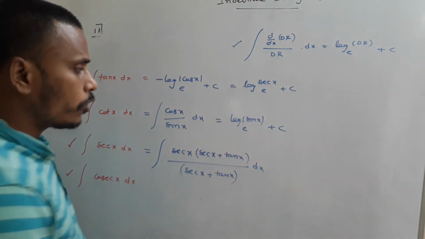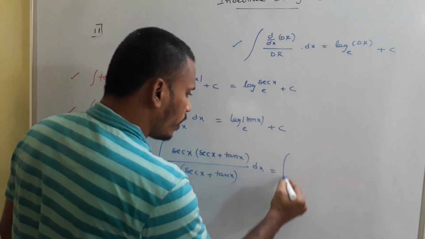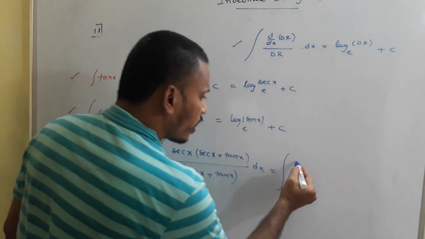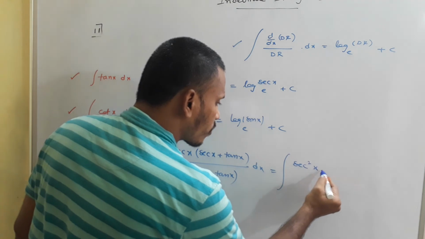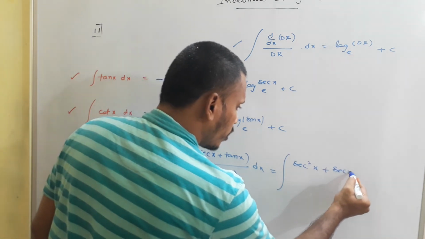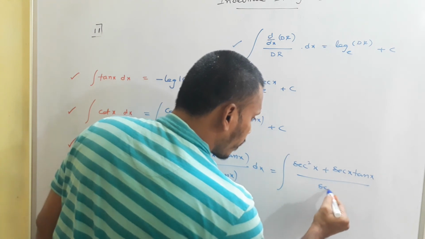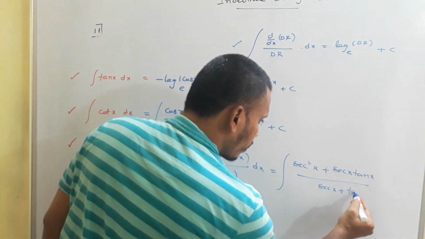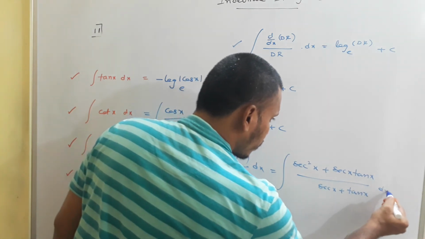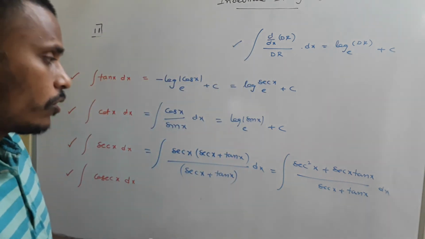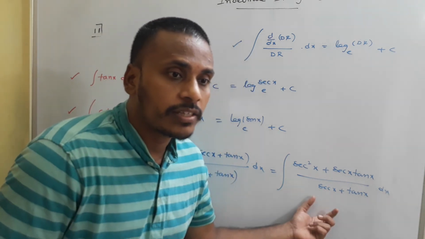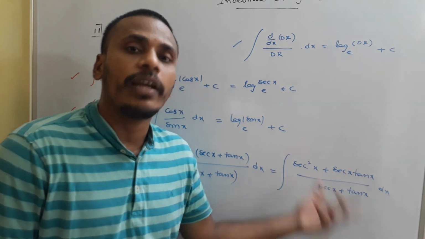Now when you observe this, what is the numerator? This equals the integral of secant x into secant x, which is secant square x, plus secant x into tan x, which is secant x tan x, divided by secant x plus tan x dx. The denominator is secant x plus tan x, and what is its derivative?